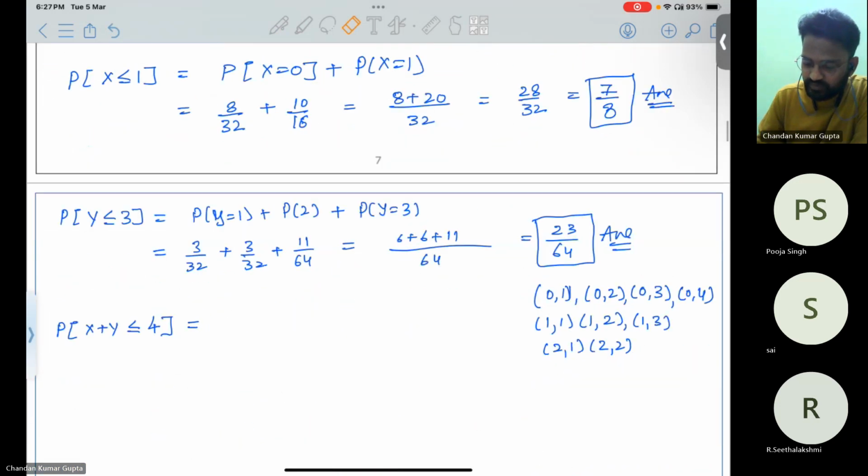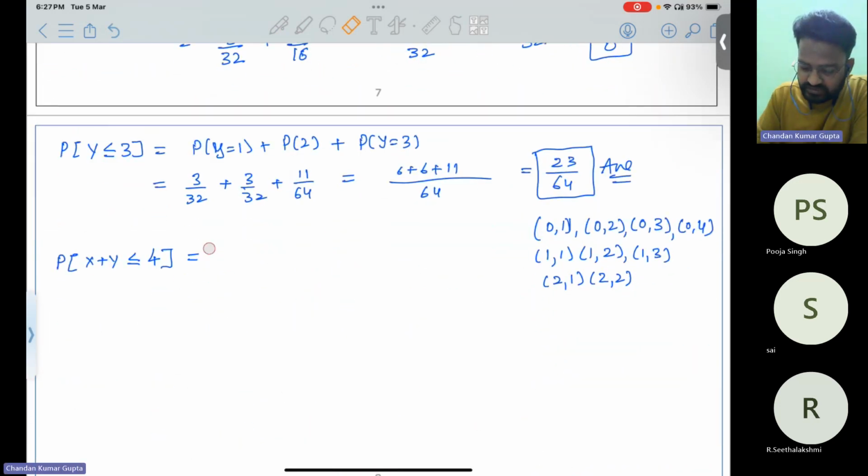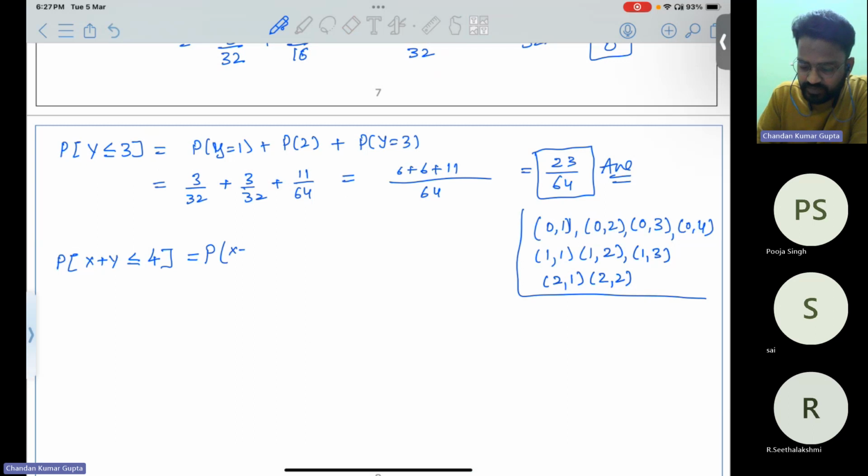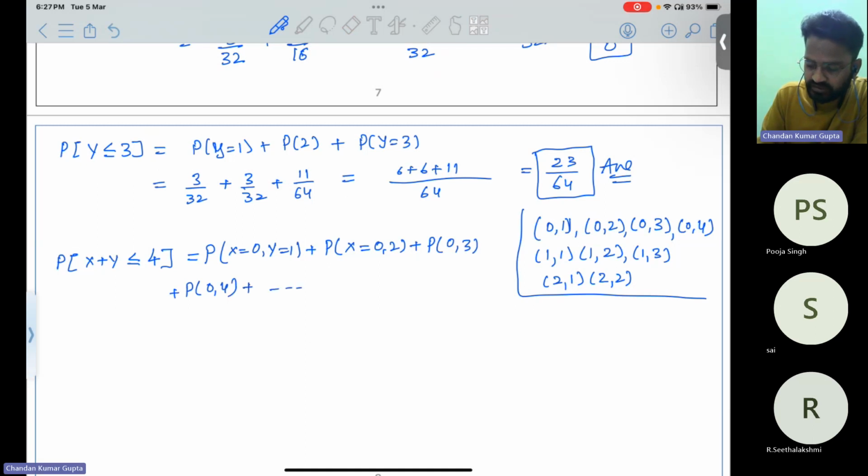So that means probability that x equal to 0, y equal to 1, plus probability x equal to 0, y equal to 2, plus probability x equal to 0, y equal to 3, plus probability x equal to 0, y equal to 4, plus the rest, up to x equal to 2, y equal to 2.